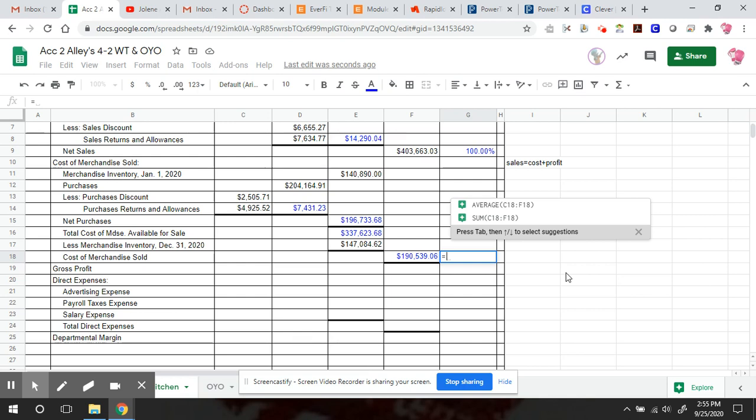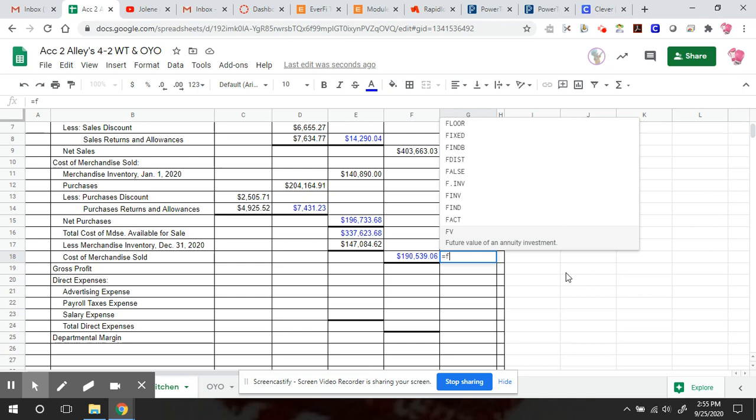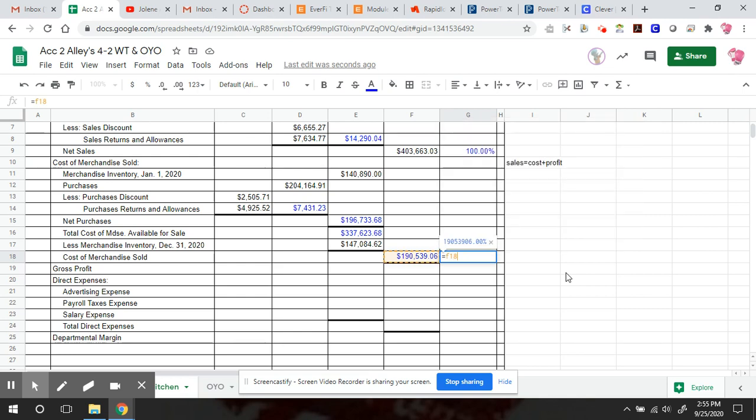Whenever you're figuring out percentages, it's always a division. In this case, the large number is going to go on the bottom. Think of it that way. The small number goes as the numerator. So my numerator is going to be F18, and I put the slash, and then my denominator is my net sales. So that's F9.